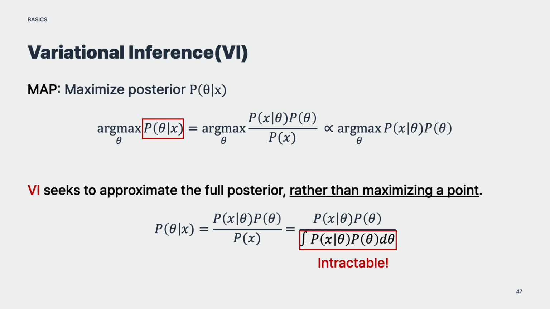However, this integral term, the evidence, is generally intractable. Why? Because the integration is performed over theta, which is typically a high-dimensional continuous variable, making the exact computation of the marginal likelihood p(x) analytically infeasible.